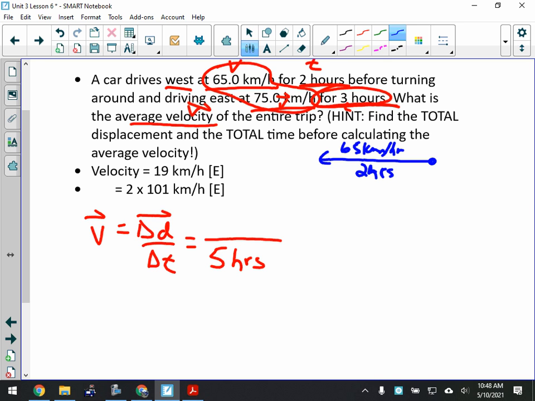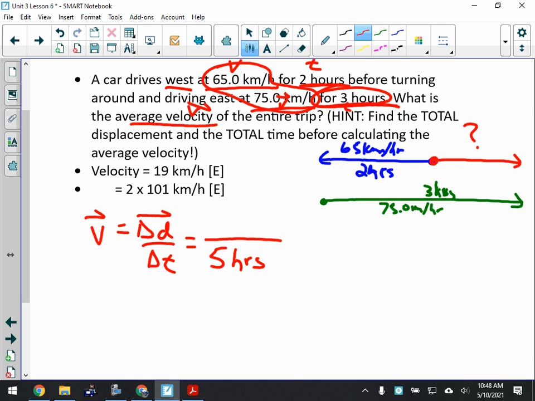okay, then I'm going to drive east. Now, I assume this is going to be a little bit longer here because it's obviously 75 kilometers an hour for 3 hours, okay? And remember, what we're looking for is basically this section here.